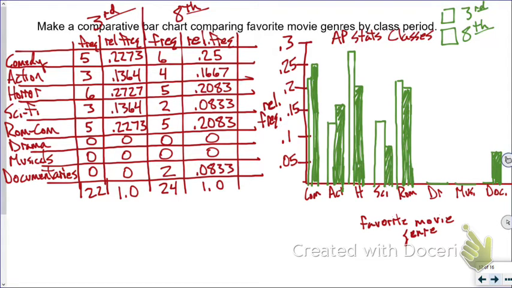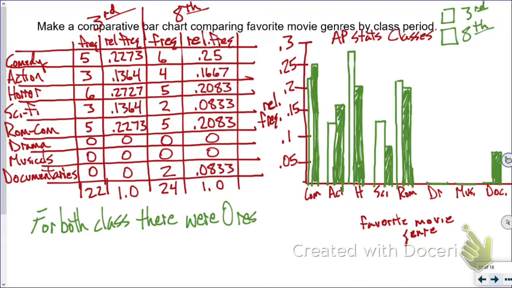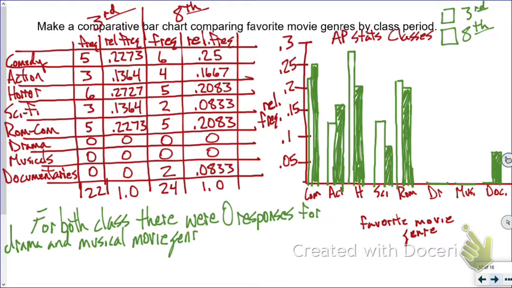So I would say for both class periods, there were 0 responses for drama and musical movie genres. Context is key. We need to make sure we have context.